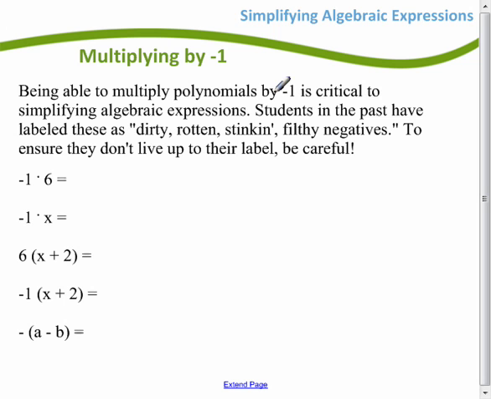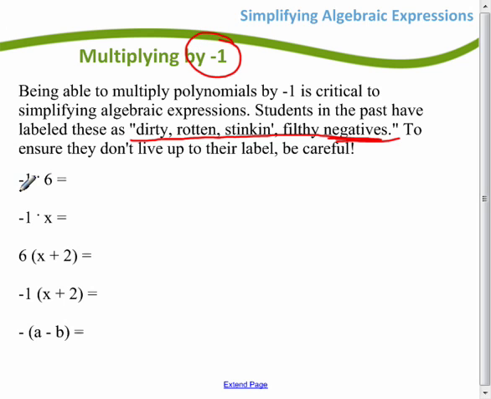One thing that I've said in here is that some of my former students have labeled this dealing with the dirty, rotten, filthy, stinking negatives. And that's true because many questions that you'll get wrong will be because of these negatives, or your inability to multiply properly by a negative 1. So let's concentrate on it for a couple slides and see if we can get it.